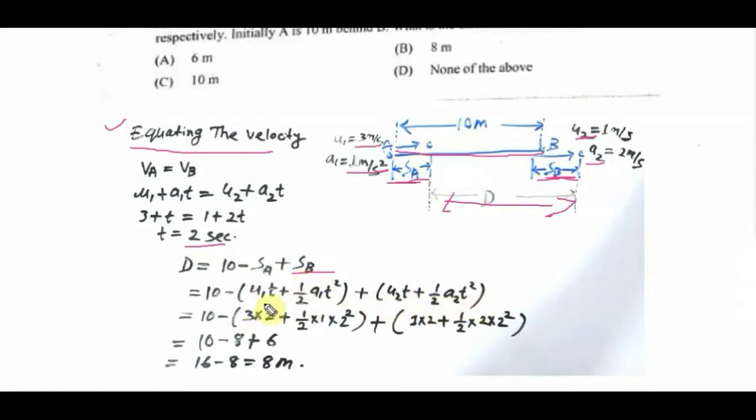By putting the values of U1, A1, U2, A2 and t as 2 seconds, we have 10 minus 3 into 2 plus half of 1 into 2 square, plus 1 into 2 plus half of 2 into 2 square. So that equals 10 minus 8 plus 6, so that is 16 minus 8 equals 8 meter. So option B is the correct answer.